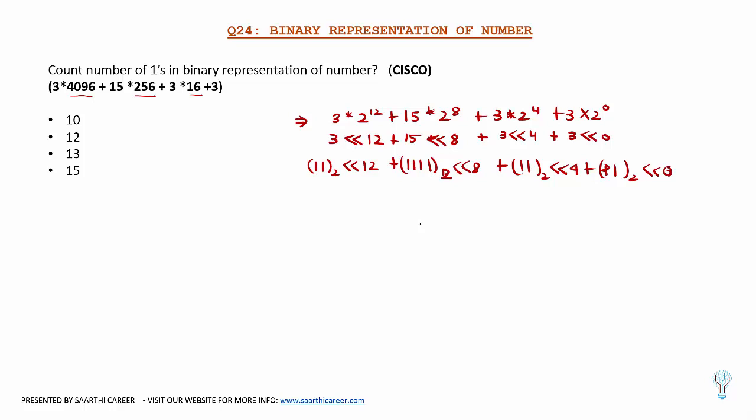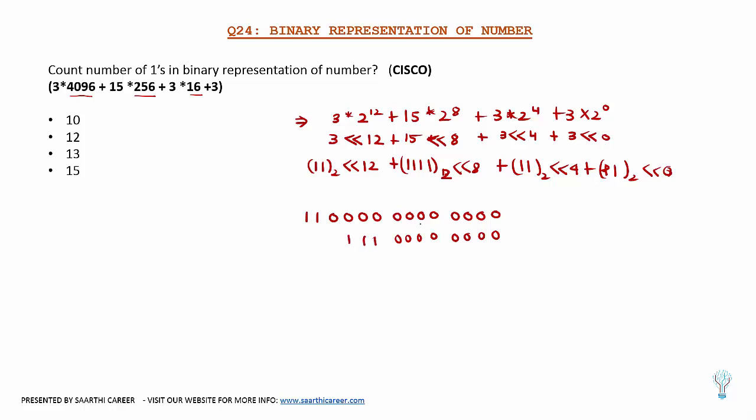So let's solve this first part. When we do 1 1 left shifted by 12, we basically get 12 zeros, which means we have left shifted 1 1 by 12 times. And then we have 1 1 1 1, that is 15 left shifted by 8, so we are basically moving 8 steps to the left.